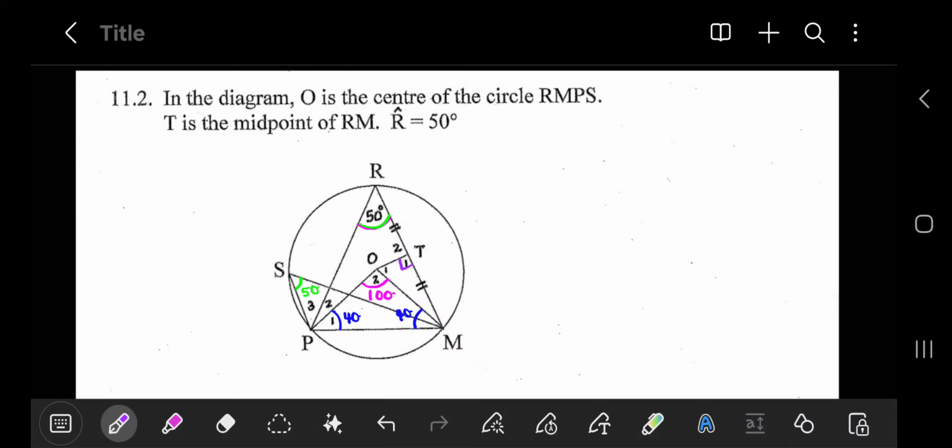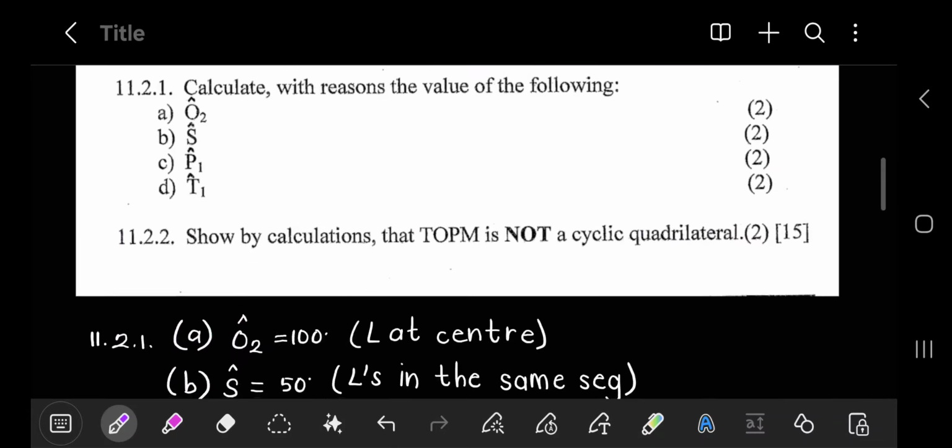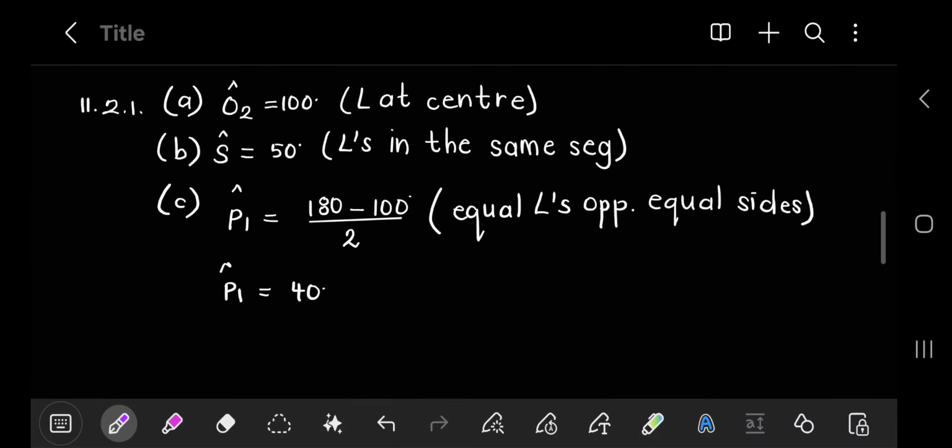So this is perpendicular bisector. Angle T1 is 90 degrees. And obviously, next to that, angle T2 would also be 90 degrees because angles on a straight line are supplementary. But at the moment, we do not need T2, we just need T1. So angle T1 is 90 degrees, and the reason is perpendicular bisector.